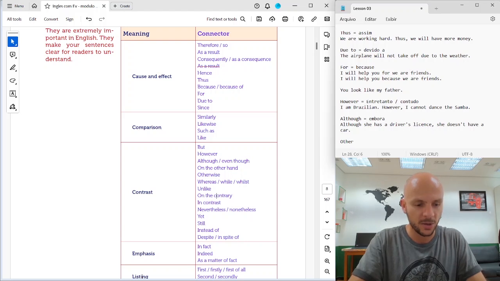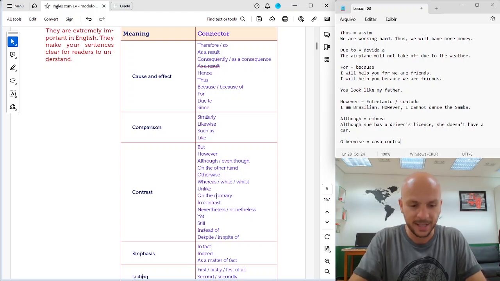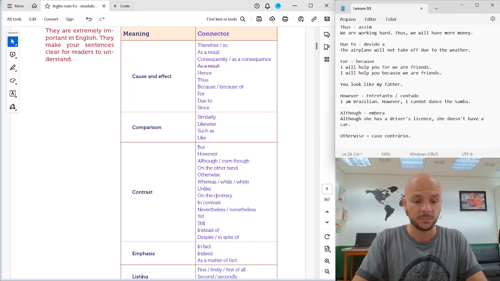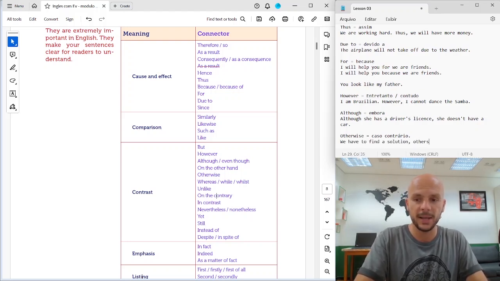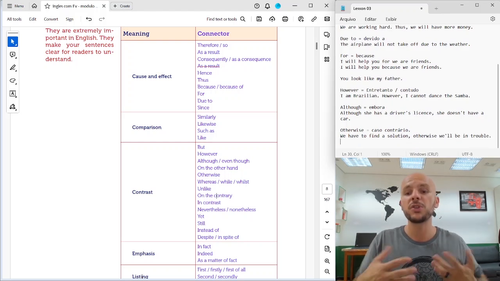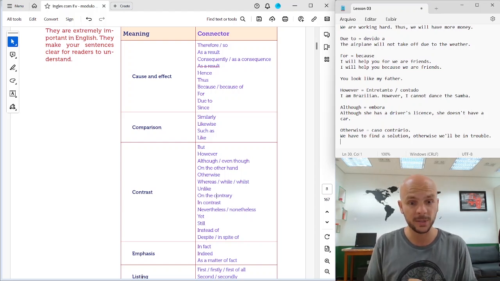Otherwise, I like to translate as caso contrário. We have to find a solution. Otherwise, we'll be in trouble. We'll have problems. Otherwise, caso contrário.